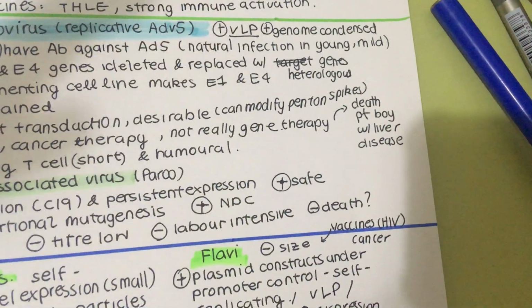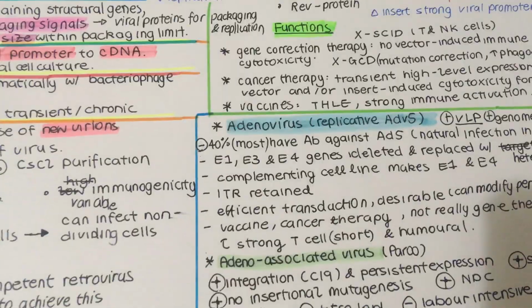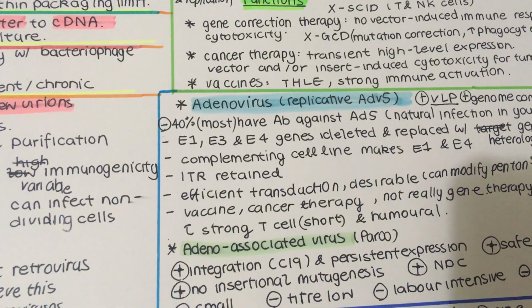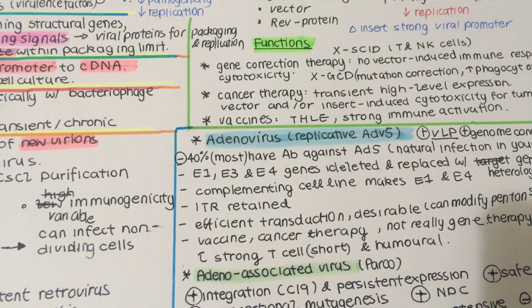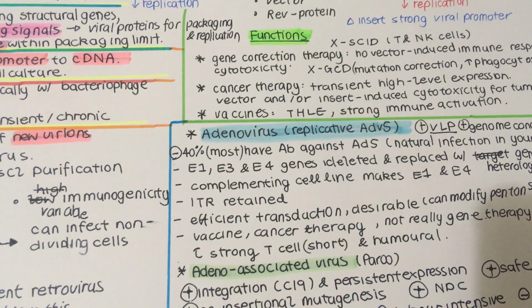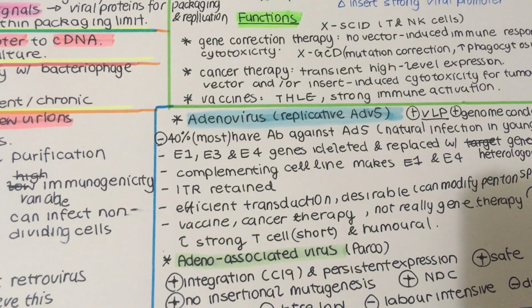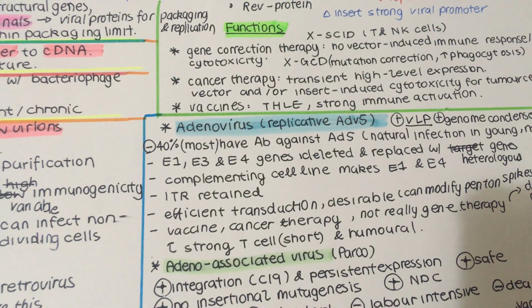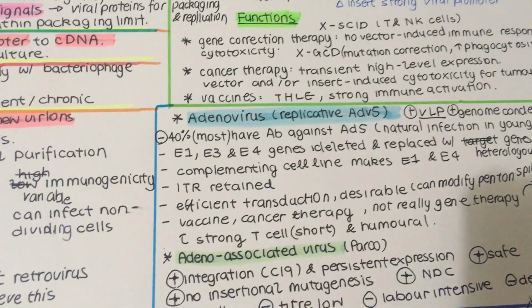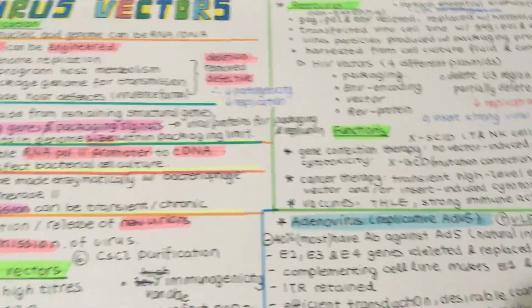So to sum up, you have vectors derived from viruses, and these vectors have been engineered to elicit a specific response that makes them efficient for gene therapy or cancer therapy or vaccine therapy.